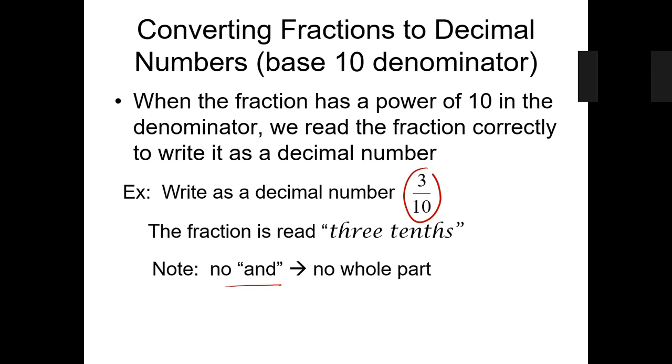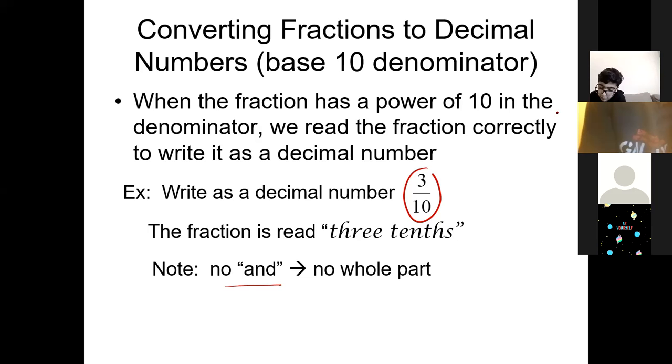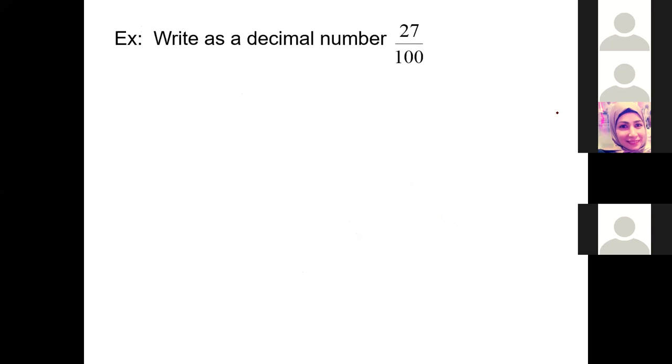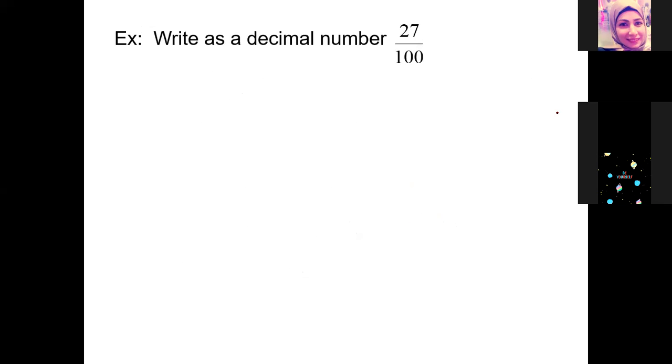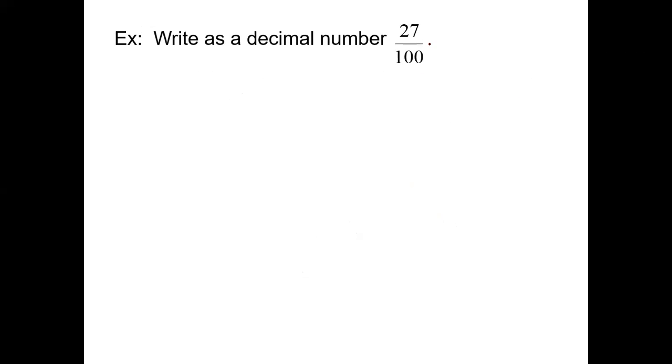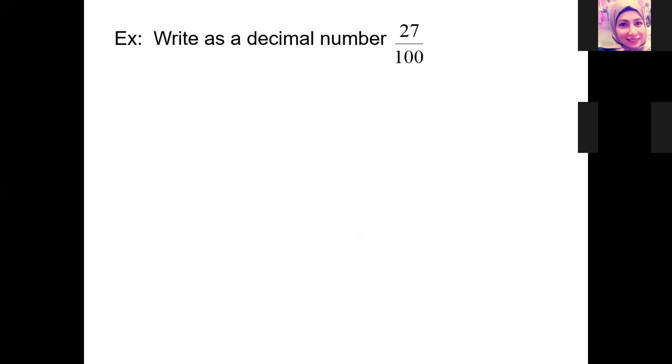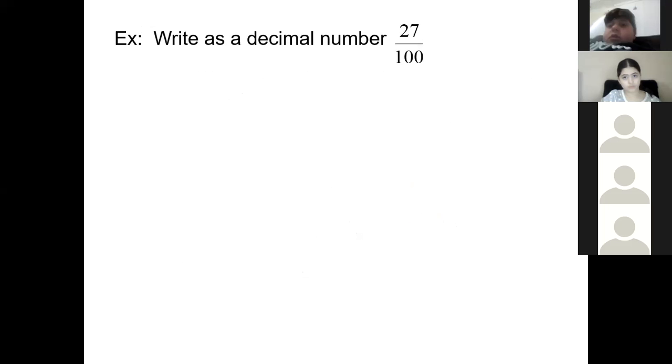Another example, Jude: 27 over 100. How do we write it as a decimal number? First write it in letters, then change it to a decimal number. How do we write it in letters? 0 and 27 hundredths.